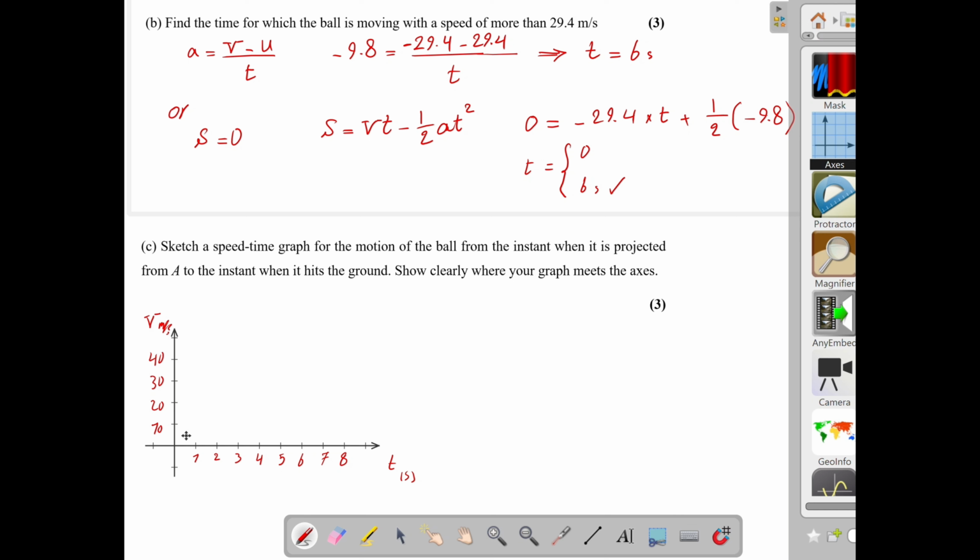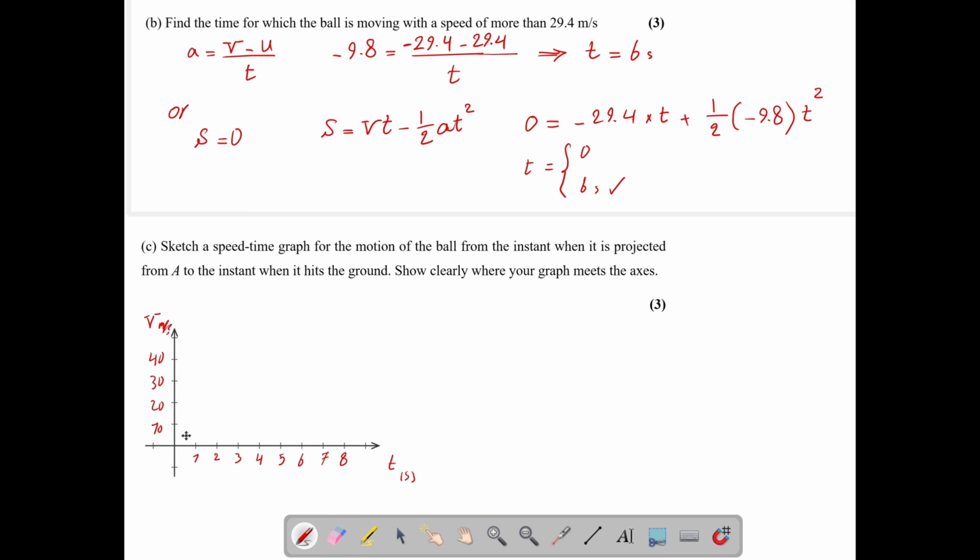In maximum point, our velocity is 0, and we need to find the time that our velocity is 0. And also we need to find the maximum velocity, since we don't know the speed at the time when it hits the ground.